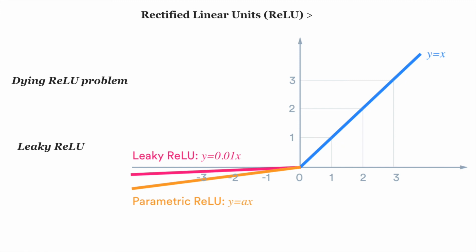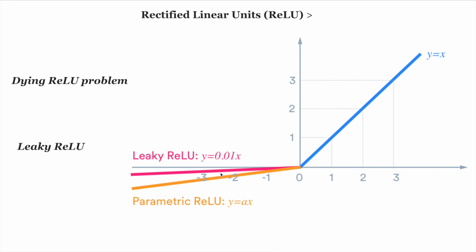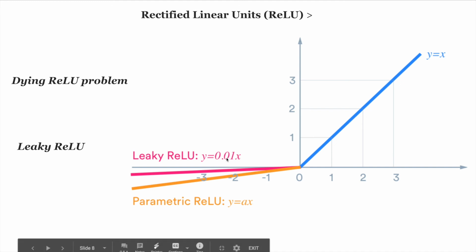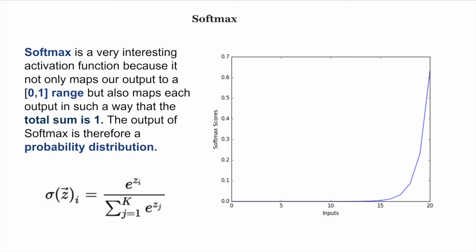For that problem, some people use LeakyReLU. Ideally the function is y equal to x for x greater than 0, but if x is less than 0, the equation is y equal to ax, where a is called the leaky parameter, like parametric, so y equals 0.01x. The dying problem is solved by LeakyReLU and parametric ReLU, this kind of function. So this is about ReLU, the rectified linear unit.